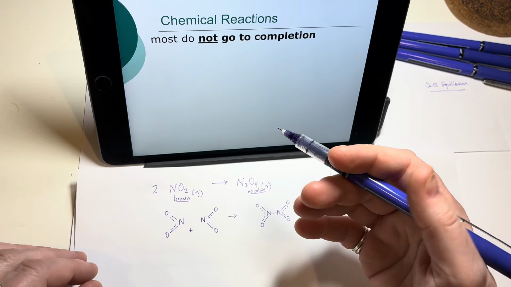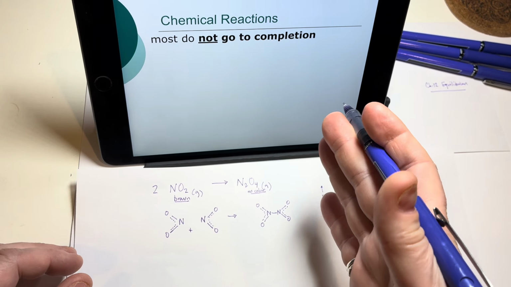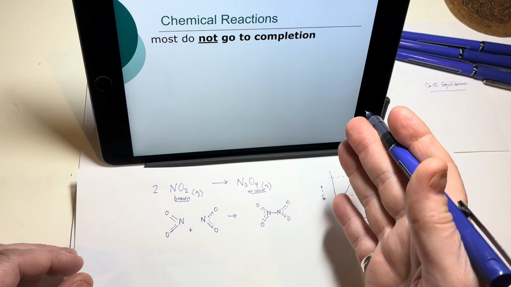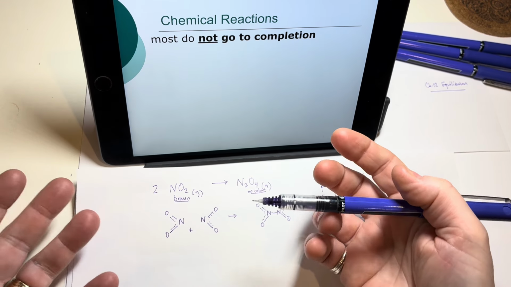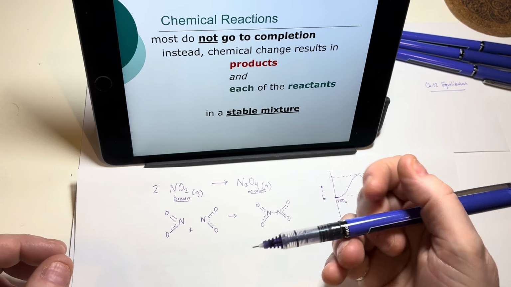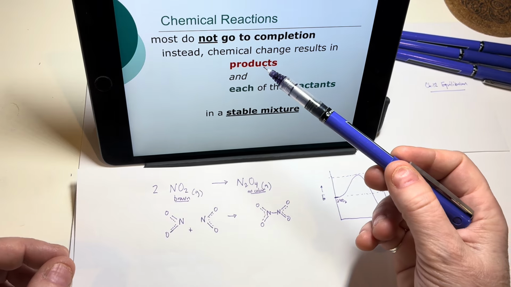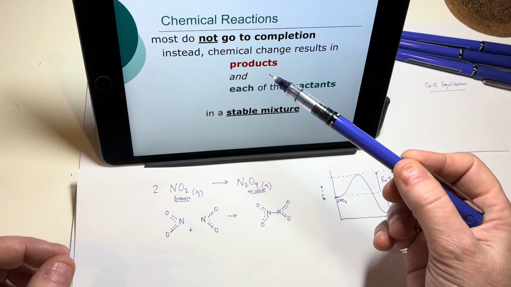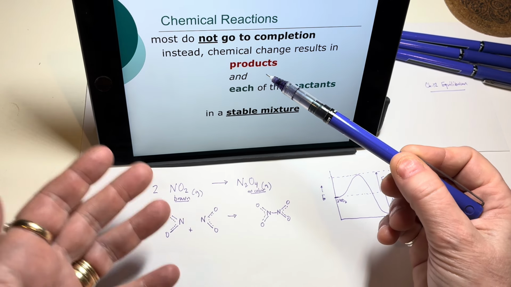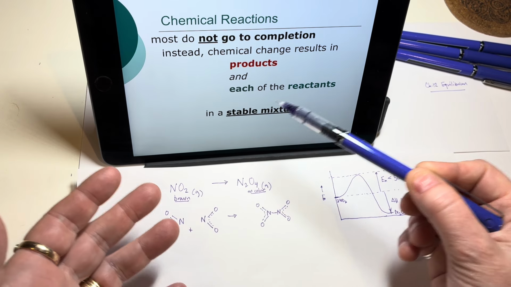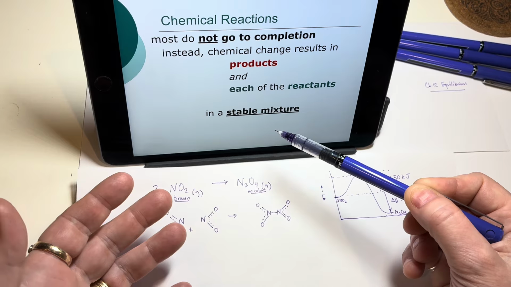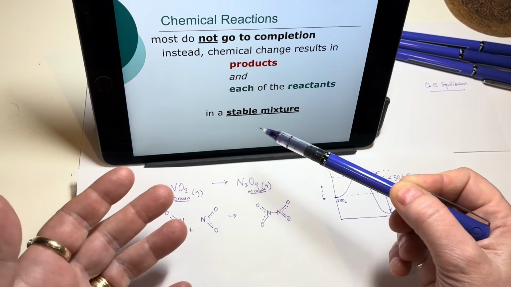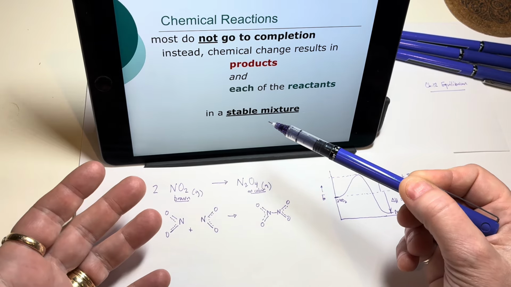What? Does that mean we just stop them after 8.5 seconds or something? No, we're actually talking about reactions that just don't go to completion. They can't. Instead, the chemical change results in some products, some reaction, but you also still have reactants in there. You end up with a mixture, and it's a very special mixture. It's a stable mixture.